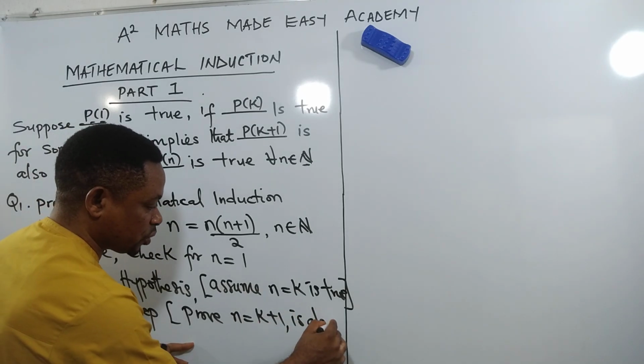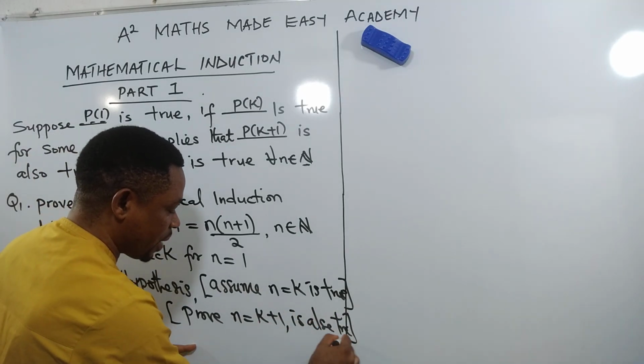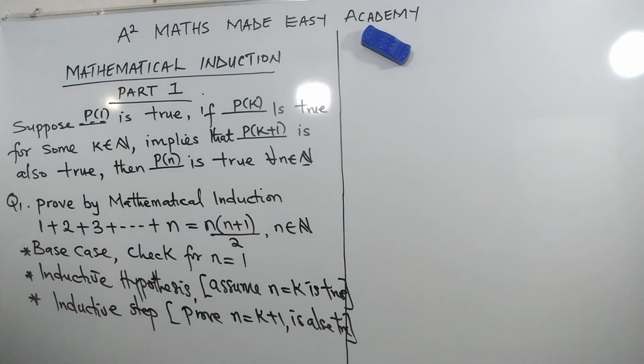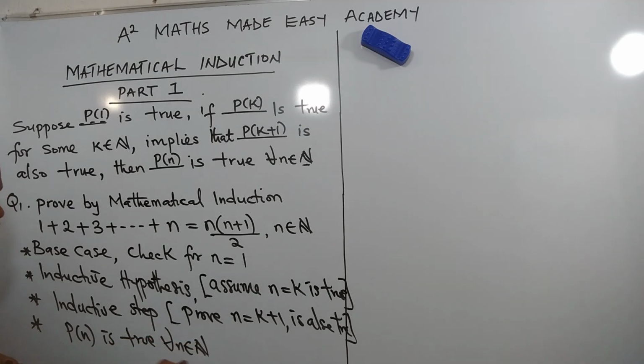That is how it goes. After solving both the left and the right hand side, if they correspond, in conclusion, we now say that P of n is true for all n a member of natural number.